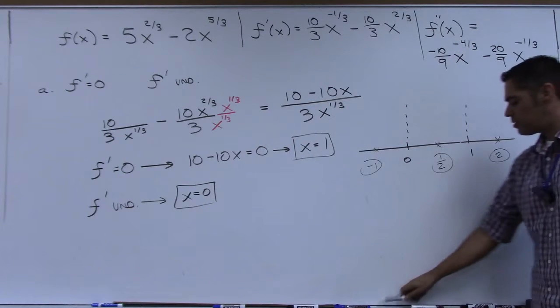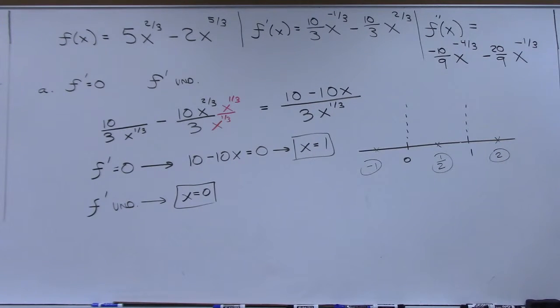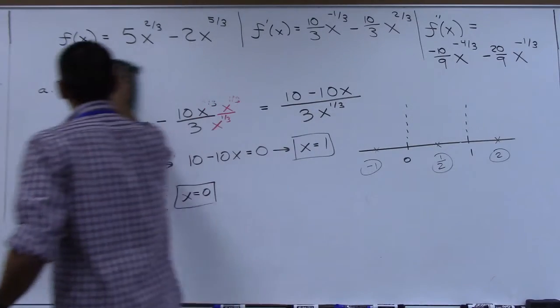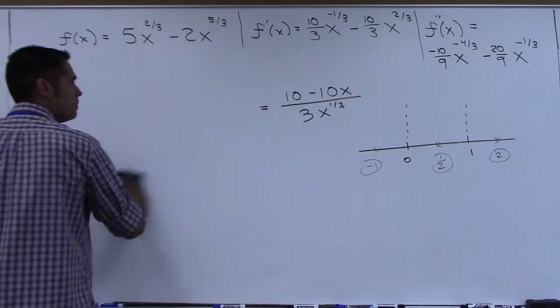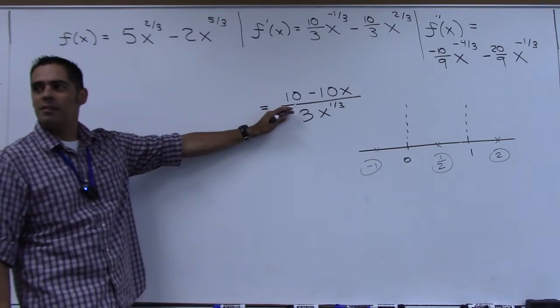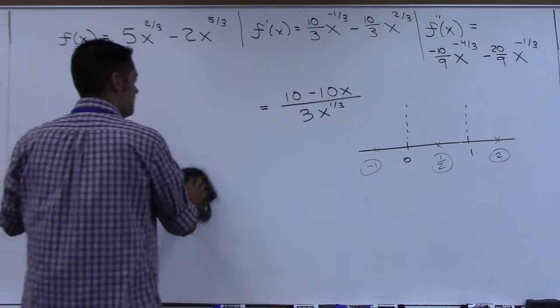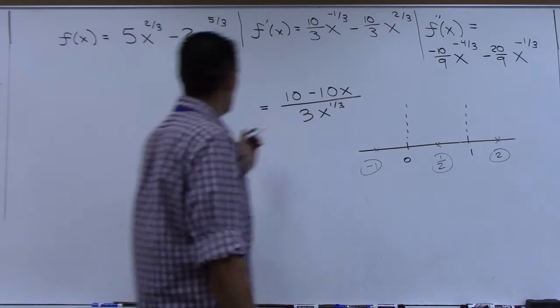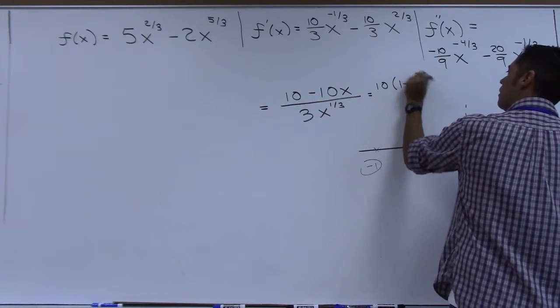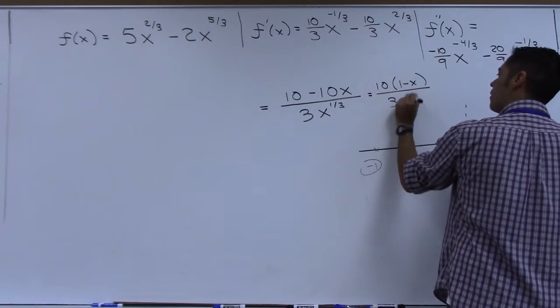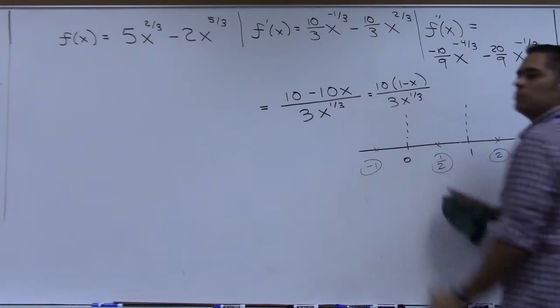Now, when I plug these into the first derivative, I'm going to plug them into this one because I like this one. This is nice. In fact, I might even go a little further and factor that 10 out. Is that all right with you?